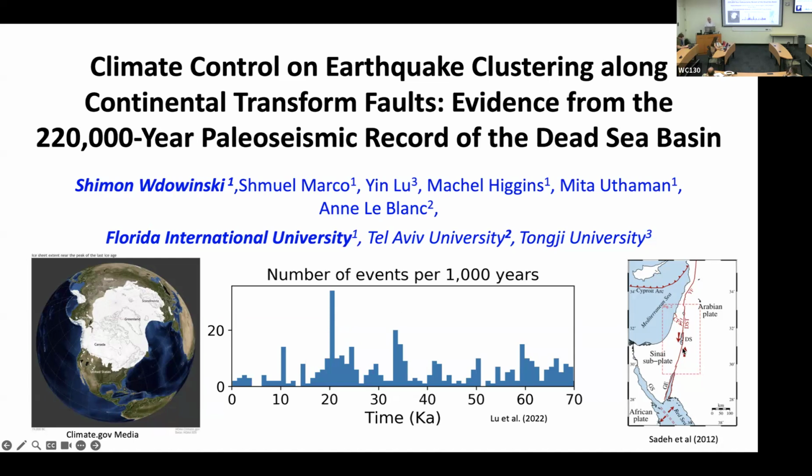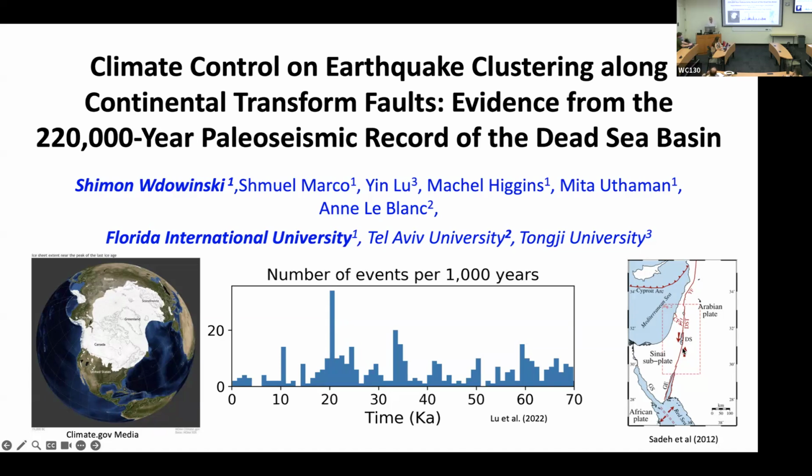This is a joint work that is supported by two programs, the NSF, National Science Foundation, and BSF, which is the Binational Science Foundation. So we have a team from Florida International University, which includes myself, Michelle Higgins, Mita, Uterman, that doing some of the modeling, we'll see that.